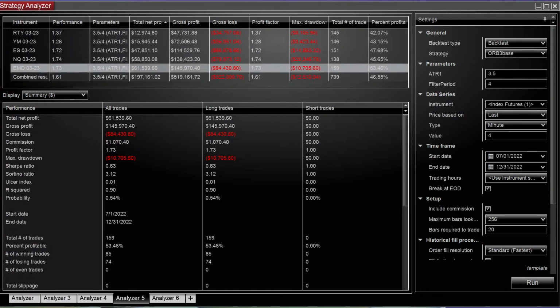I know where you're going with that. You may be like, well, what if we add a filter and our win percentage goes up? And that's possible, and that's more prevalent with other types of patterns. But since the premise behind our opening range breakout is we get a breakout and price goes way in our favor, the fat tails that we catch are what make this pattern so good.